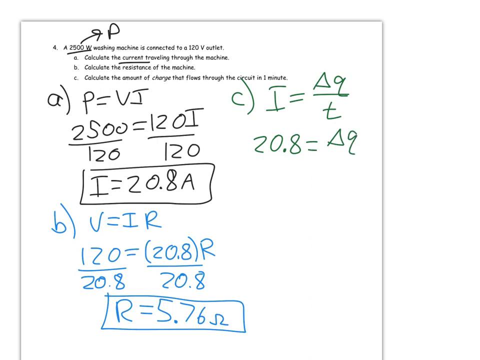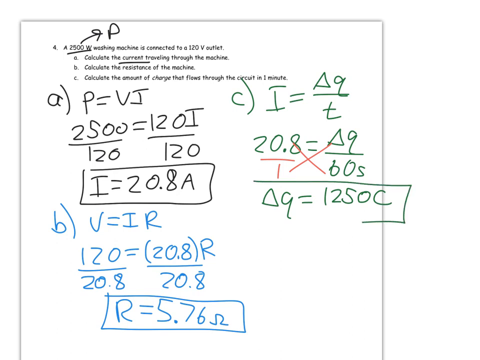We're looking for the amount of charge, and the time is going to be 1 minute, but we want to have it in seconds, so 60 seconds. From here, I would put it over 1 and cross multiply, and so we end up getting that the amount of charge that flows through the circuit is going to be 1,250, and the units for charge are coulombs.